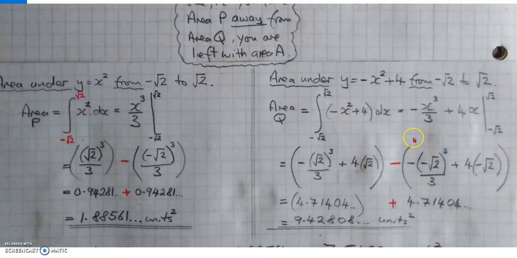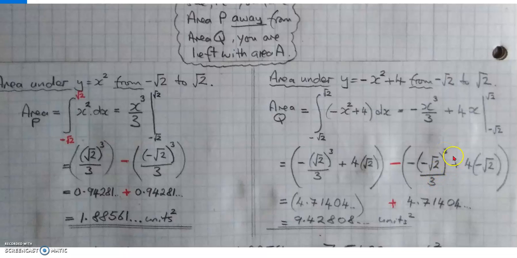We have to be super careful here with all these minuses. So we now write brackets. That minus is that one there. You're going to need another set of brackets because you're now substituting in a negative root 2. So there's my substitution, the negative root 2, and it's all cubed and all divided by 3.